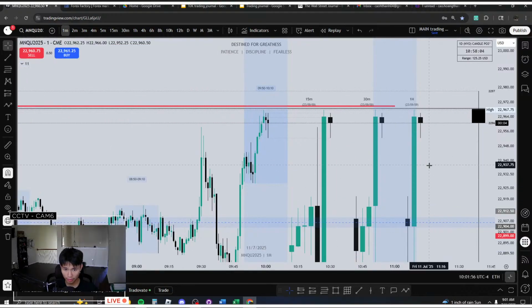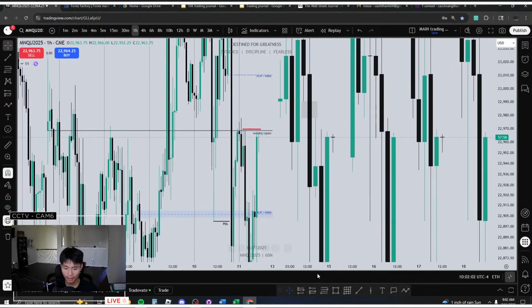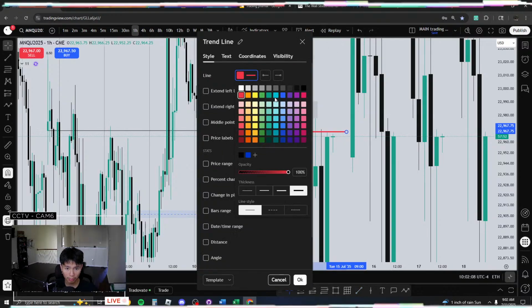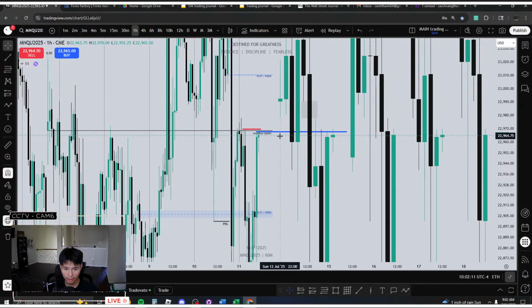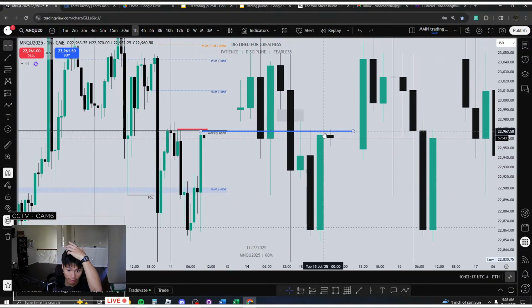Just watch closely, right? I do want to see us take out that hourly high, and the hourly high is the same high as the 4-hour high, and the 4-hour high, let me make that a blue line. Because we just took that out, and the hourly high is the same high as the 4-hour high, you can make the assumption that we should take out the 4-hour objective within the next hour.